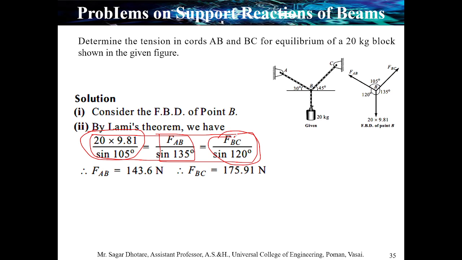Create the free body diagram, and after that apply the basic laws that we know. This is a very simple and common exam problem which we have already solved in practicals, in the Lami's theorem practical. We can move further to the next problem.